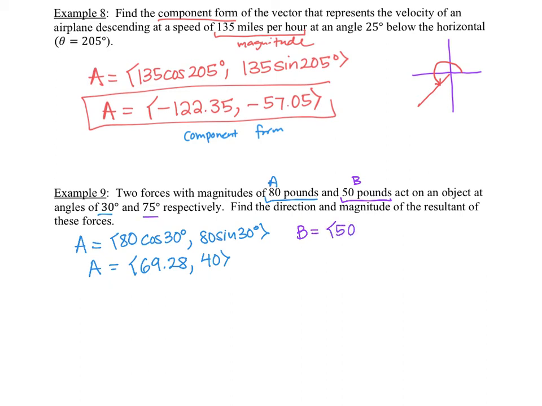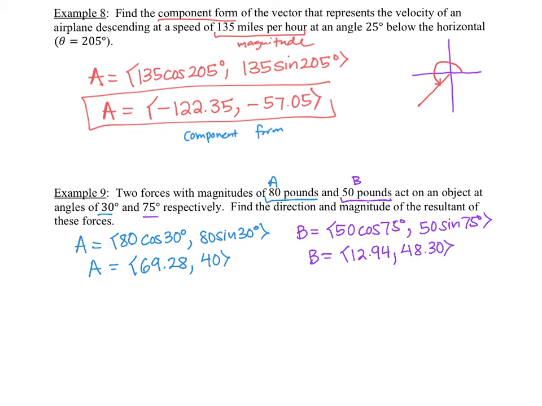The angle is 75 degrees, and I'm assuming that's a direction angle. Again, you can leave it in this format if that's how you plan to work with it. If it's more convenient on your calculator to change it to a decimal now, you could do that. That's up to you.